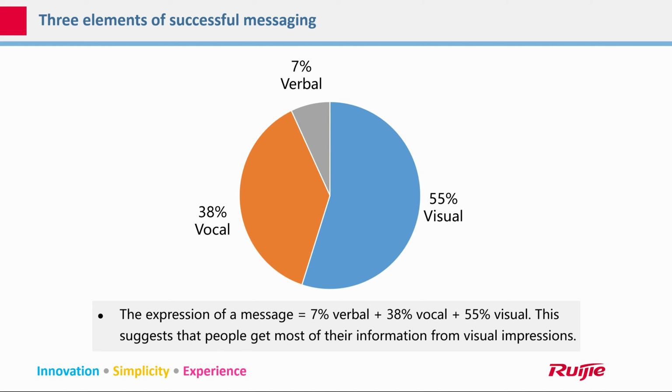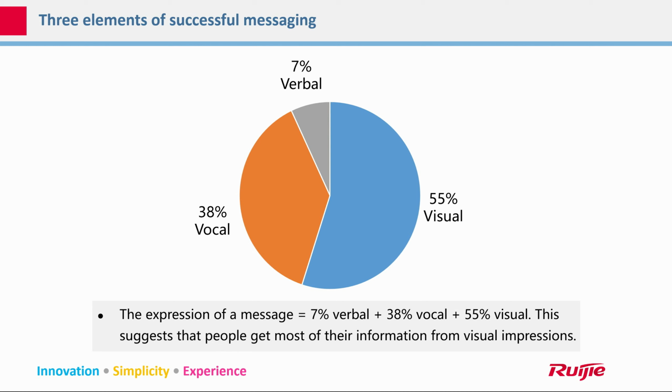I think you can easily find that visual takes the most important place in information transferring. And from here, we can know that in the training, it's very important for us to pay more attention to what the trainees can see in the class.